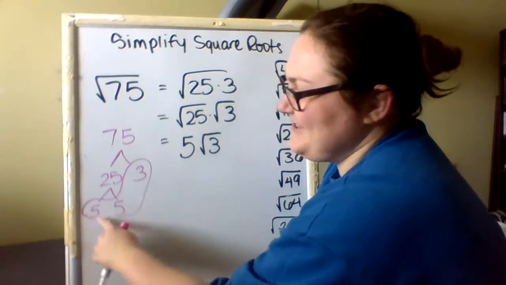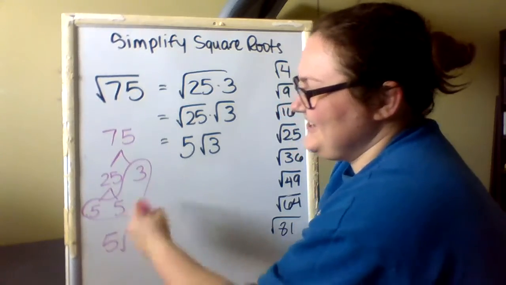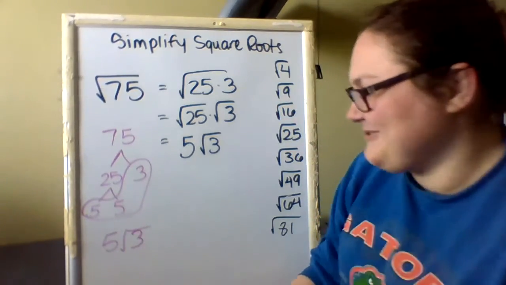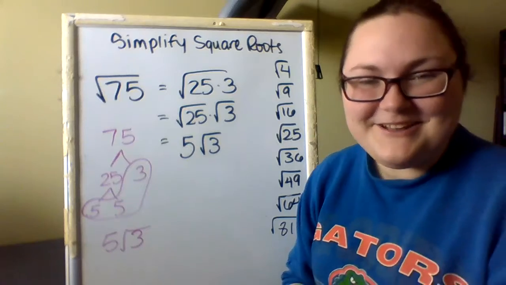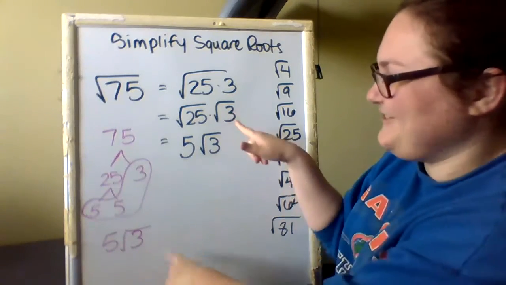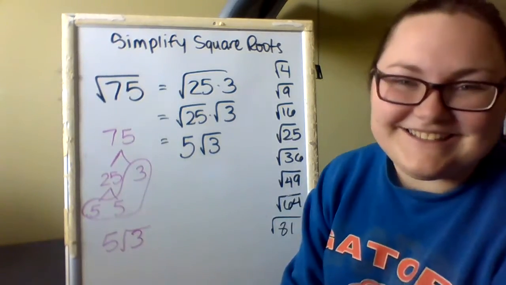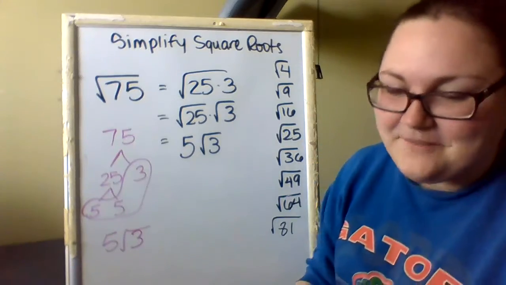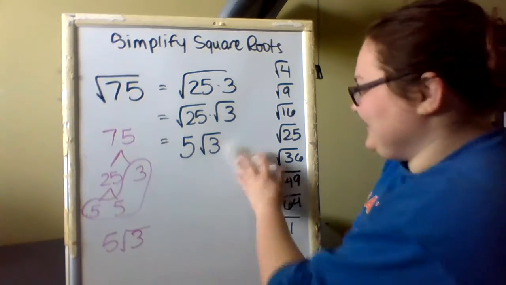And then we ended up saying there's a pair of 5s that go outside. There's a 3 that goes inside the square root. I'm not going to refilm this, but it's just showing you that you can use the different methods and get the same answer. Let me give us a real different question now.